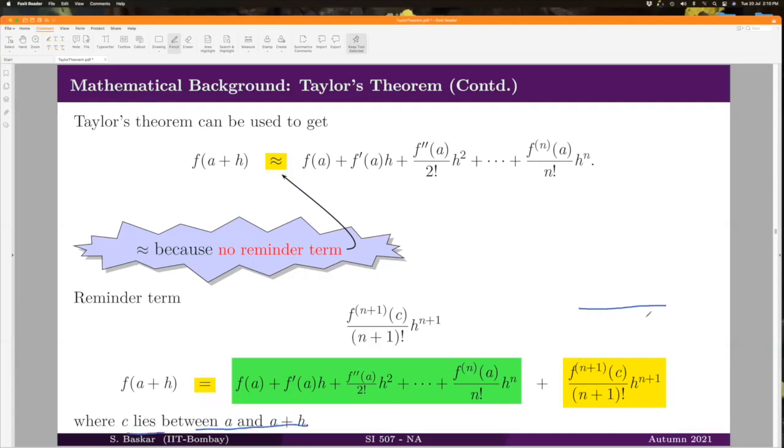That is, your a is here. You want to find the value of your function f at a plus h. So you agreed to take the approximate value of f of a plus h, which was given by the Taylor polynomial. Then the remainder term is given by this expression where c is somewhere in between a and a plus h. So c somewhere lies between a and a plus h.